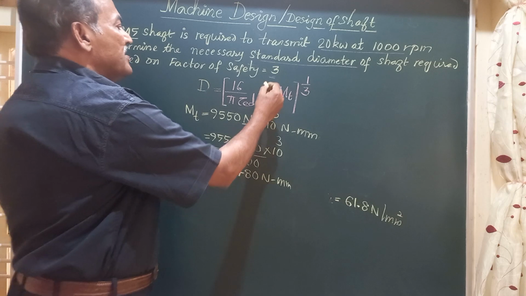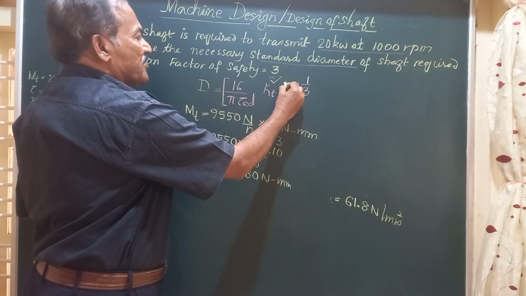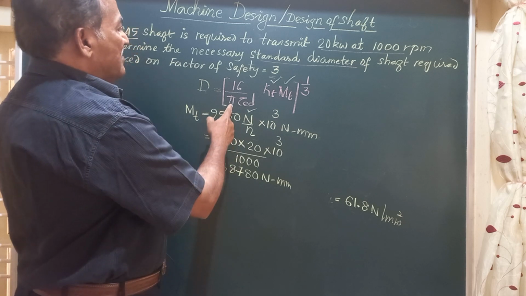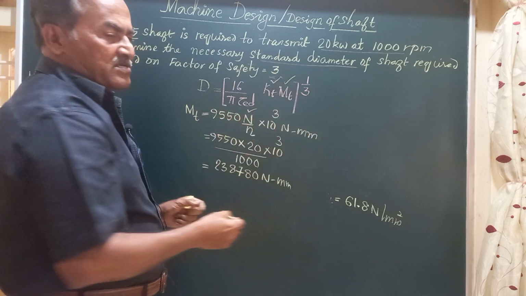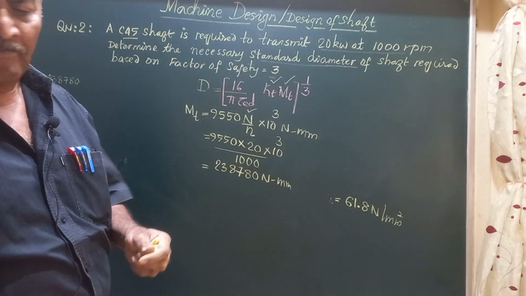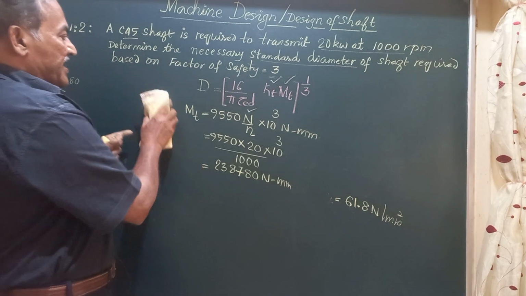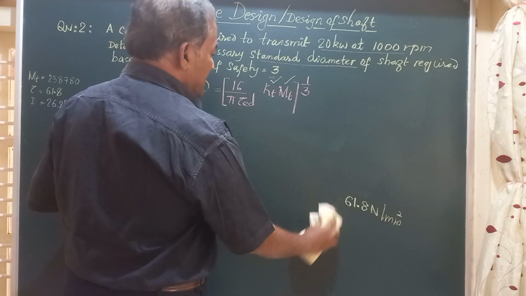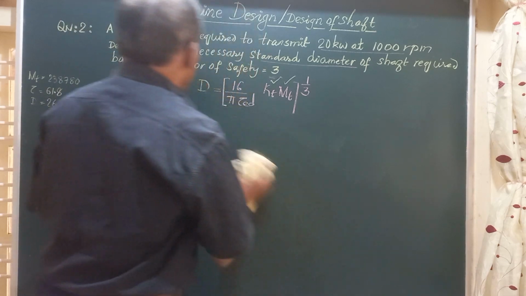So we have the value of KT as 1, MT you have calculated, tau vd is 61.8 and pi is a constant. If you make this substitution in this formula, friends, you will be able to obtain D, the diameter of the solid shaft required.